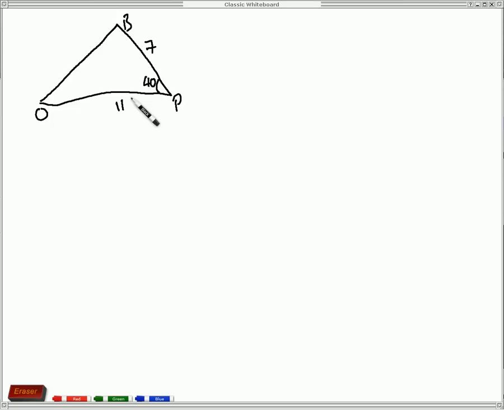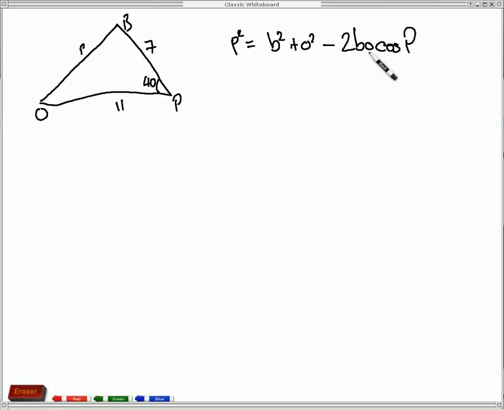Straight away you can see I've got two sides, I've got the angle in the middle, I can use the cosine law. So the side I want to find is that small p over there, so that's where I'll write it out. P squared equals b squared plus o squared minus 2bo cos p.